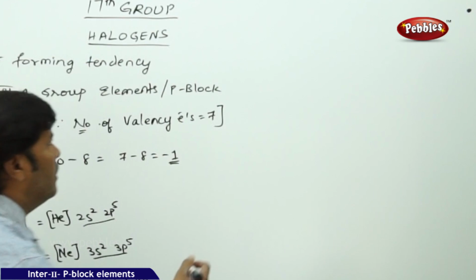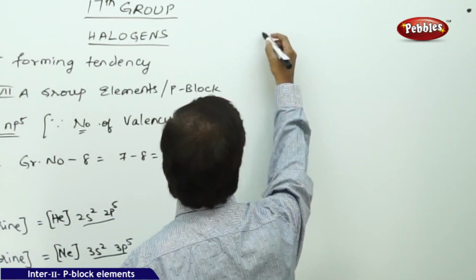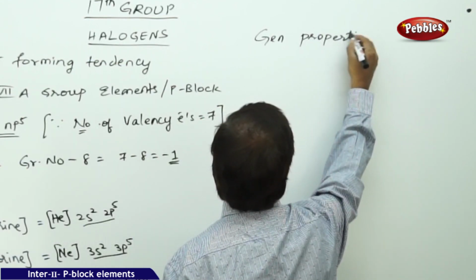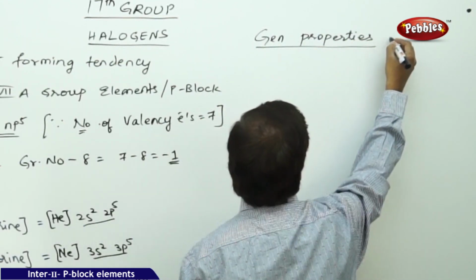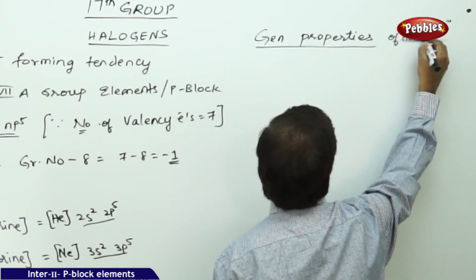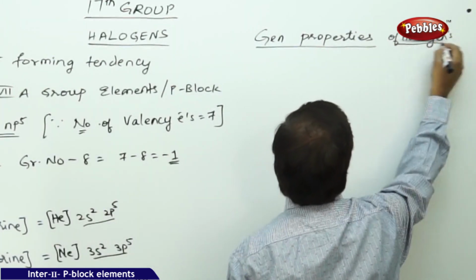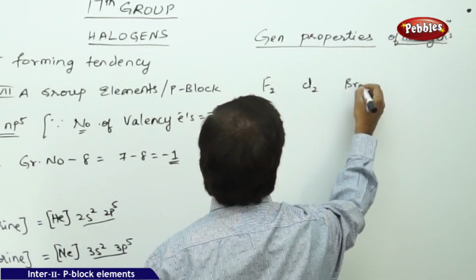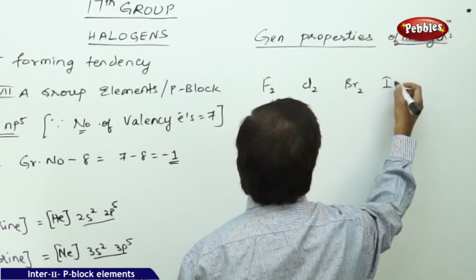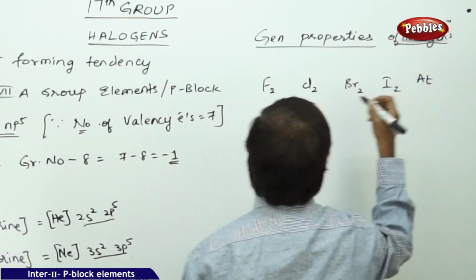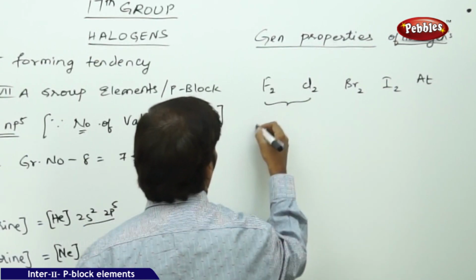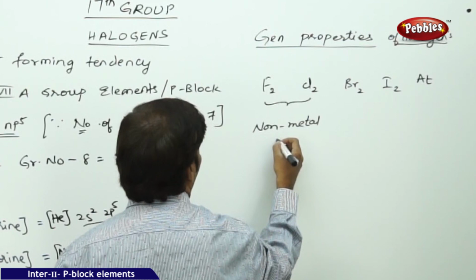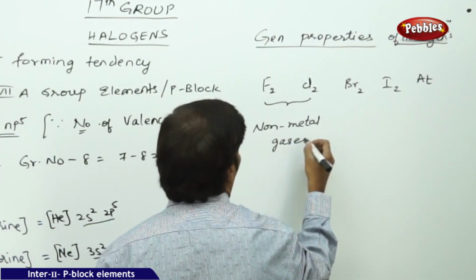Now for the general properties of halogens, take fluorine, chlorine, bromine, iodine, and astatine. Fluorine and chlorine are non-metal gases.